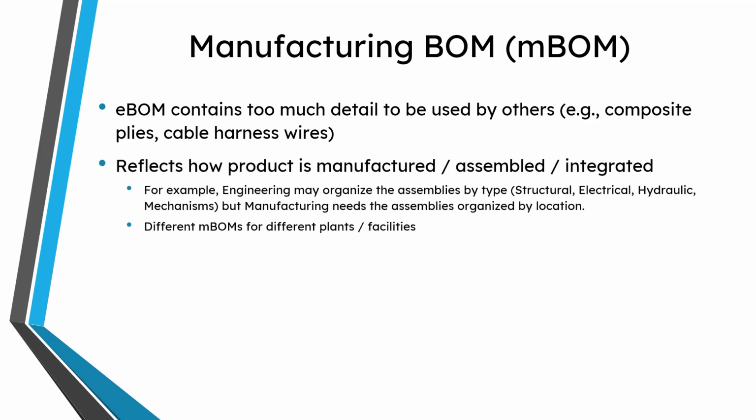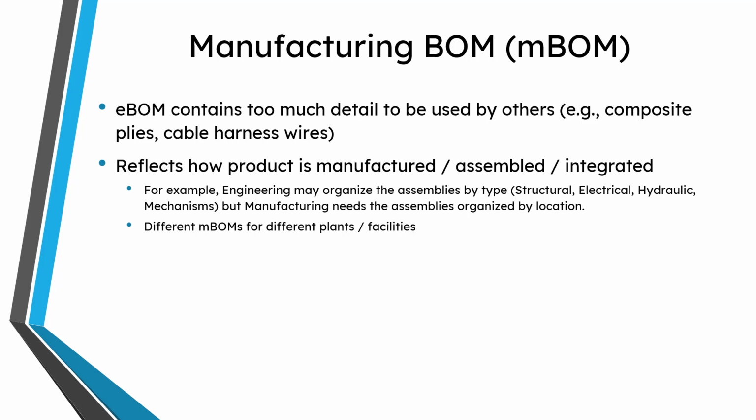And so the manufacturing BOM reflects how someone is actually going to manufacture the different components, assemble them, and put them together. So for example, often in engineering, you might group your assembly, your product, by function. You might have a structural assembly, an electrical assembly, hydraulics, mechanisms, but manufacturing might need your organization to be done by the location of the different components.